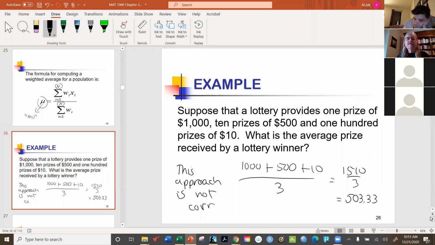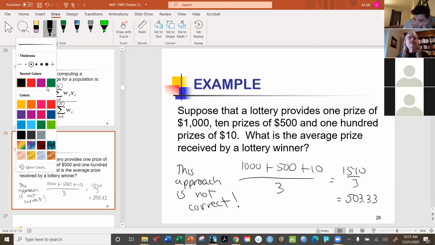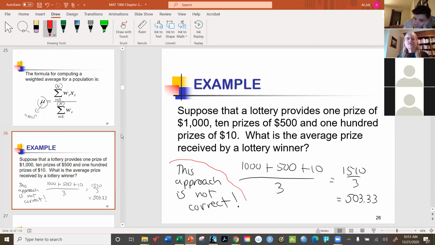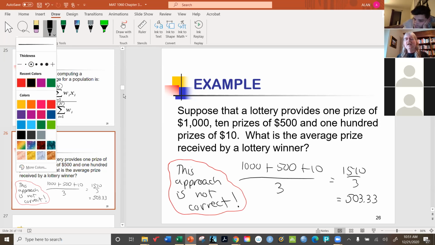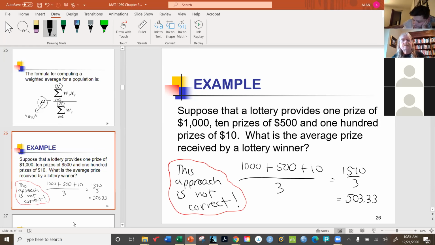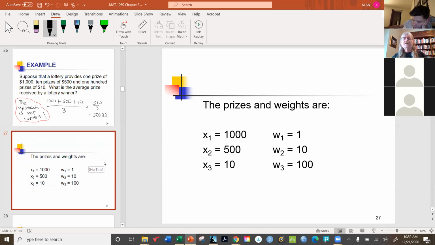Okay, so this approach is not correct. In fact, that's such an important detail, I'm going to put some red here so you'll notice that no, don't do that. Because it's not correct, but it should be clear why not. So what do we do instead? Let's assign weights.